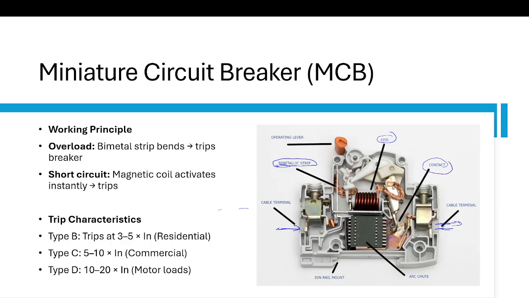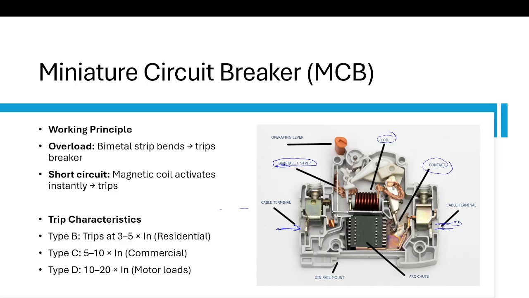You can see there is a solenoid coil with a movable iron plunger. Under normal condition, the magnetic field is weak. During a short circuit, current suddenly becomes very high, so a strong magnetic field is produced instantaneously. Current produces a magnetic field, you know that.